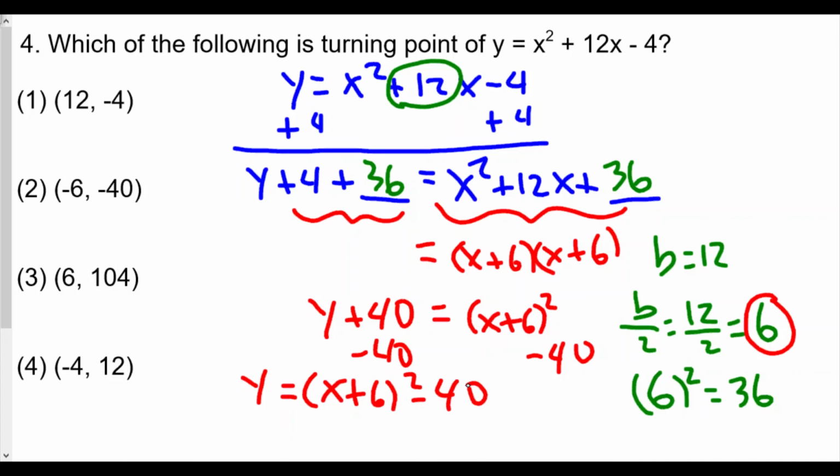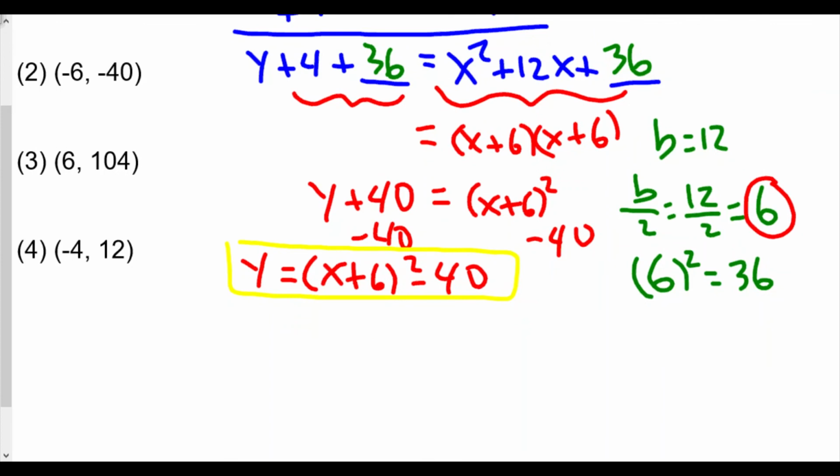Now, what is this? This is the quadratic vertex form of the same quadratic function. And so we're comparing our vertex form here. Our vertex form is y equals a times x minus h squared plus k.